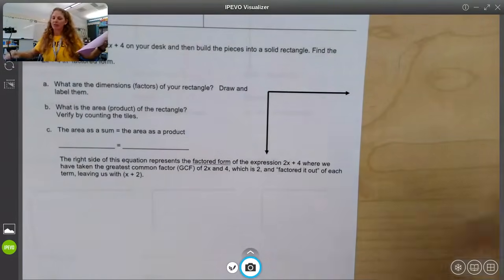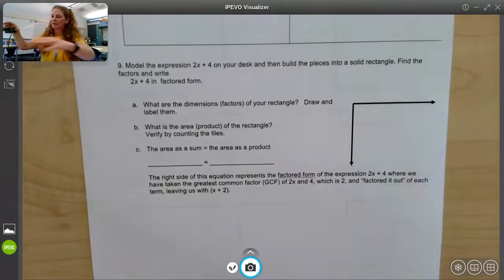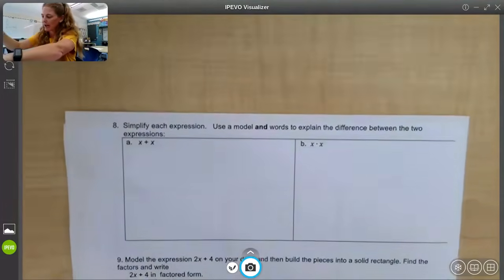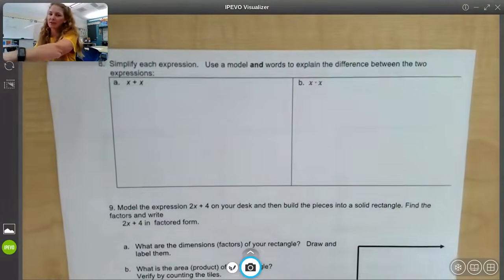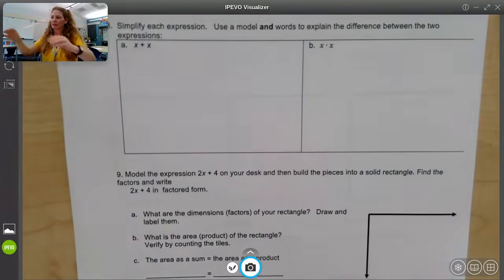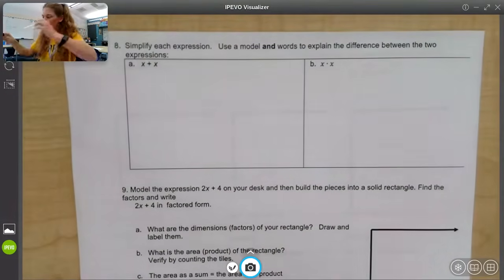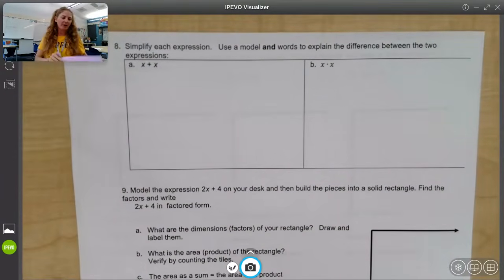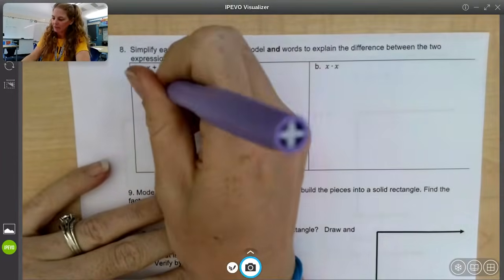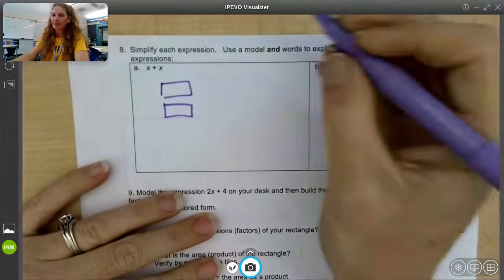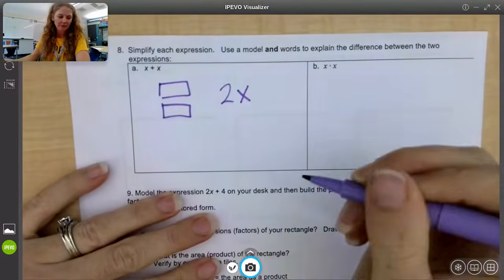Next, what we're asked to do is to explore simplifying the expressions below using a model and words to explain the difference between the two expressions. So we've been working with these a lot. When you have x plus x, the model might look like this, which simplifies to be 2x.